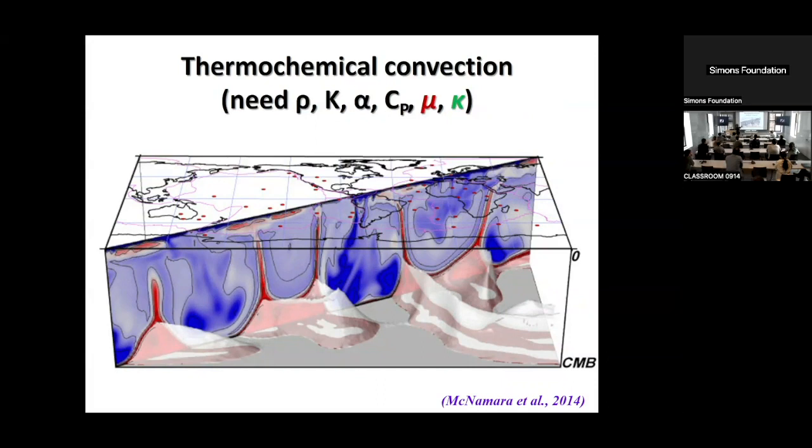And geodynamicists can use fluids of more than one density with different properties and try to reproduce flows whose images can relate with seismic tomography.